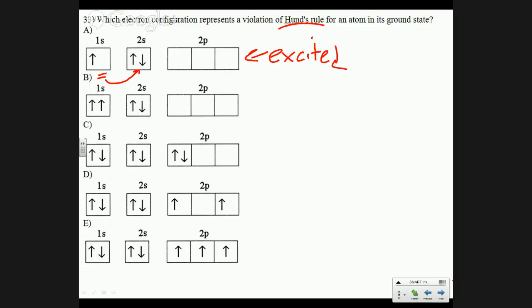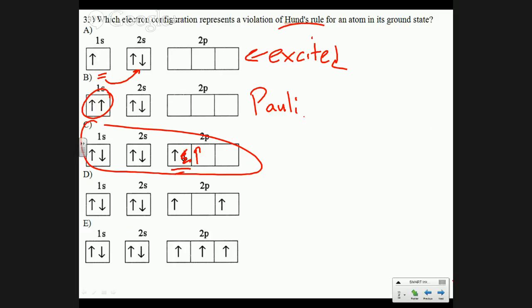This right here is incorrect, but not for Hund's rule. That's a Pauli exclusion issue there. C, well, let's see. That looks like it's a violation of Hund's rule. That arrow should have gone in another box. So C's looking good. Let's take a look at D though.